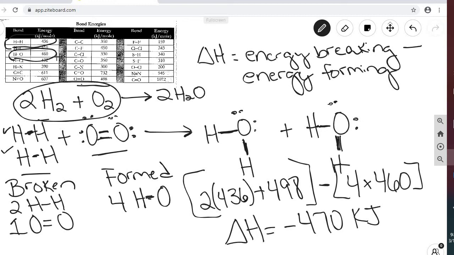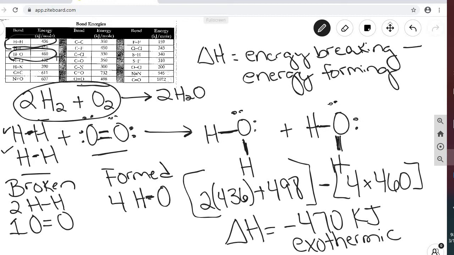So this is an exothermic reaction. Energy will be released from this kind of reaction. That's how we look at the change in enthalpy for a chemical reaction.